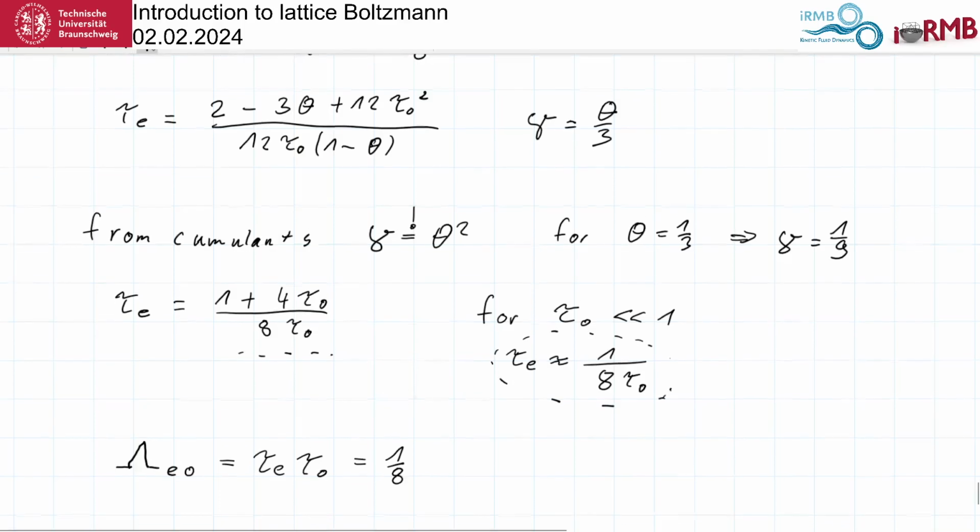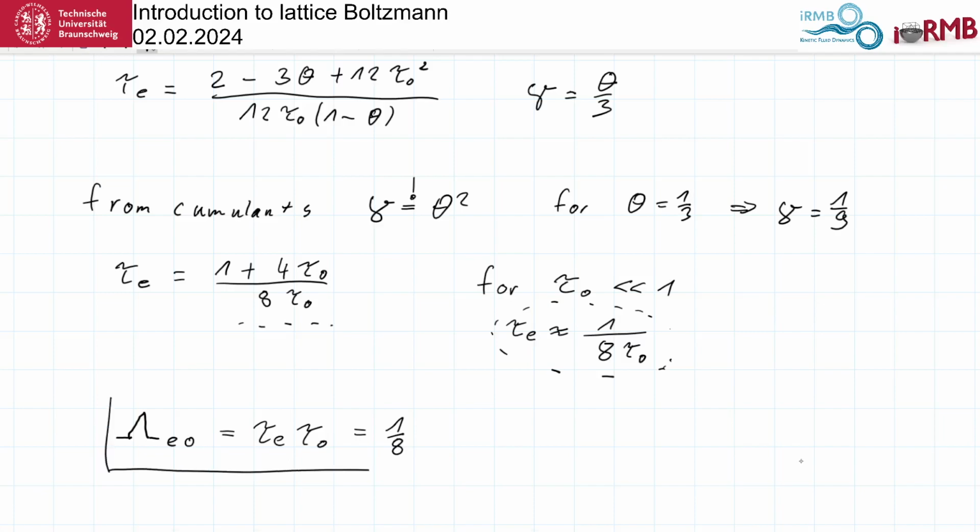So, the thing is, it has been known for 20 years, more or less empirically, that you get much better results by using two relaxation rates that we put to 1/8. Why?